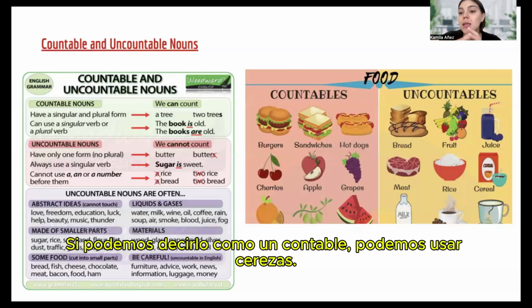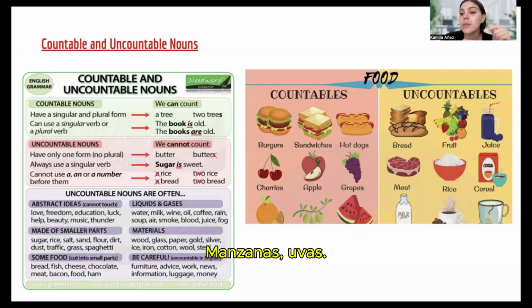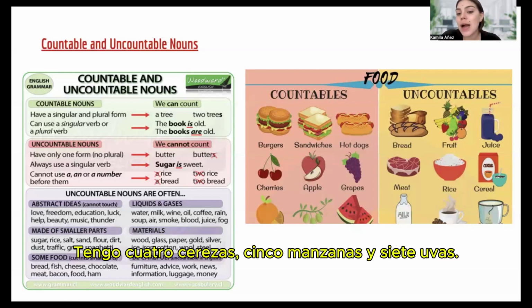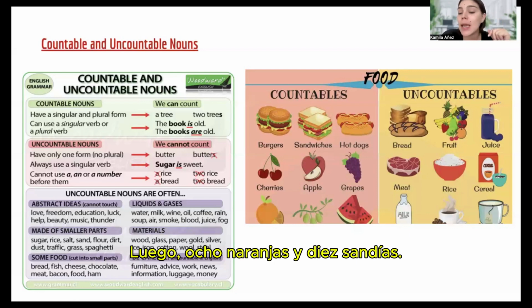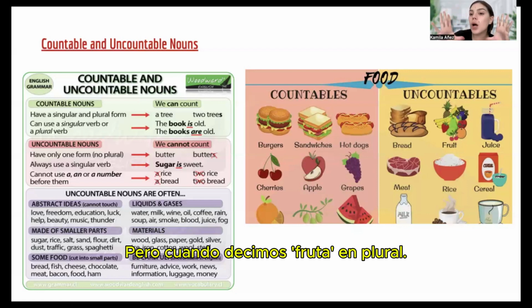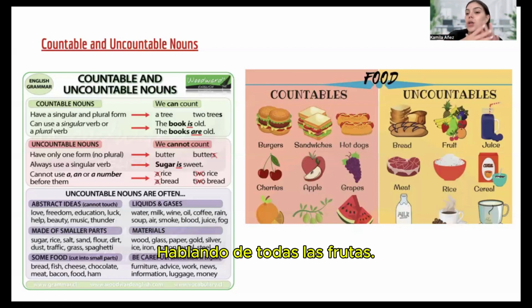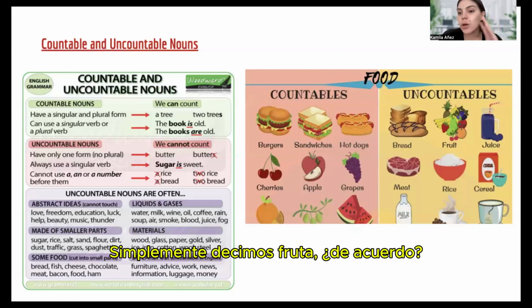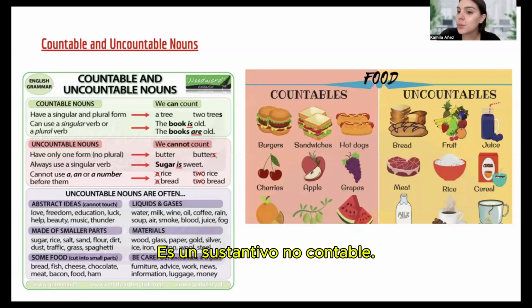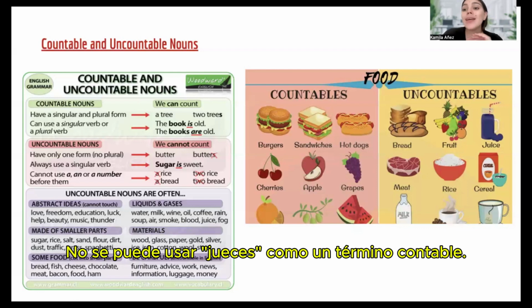If we say it as a countable, we can use cherries, apples, grapes, just one name. I have 4 cherries and 5 apples and 7 grapes and 8 oranges and 10 watermelons. But whenever we say fruit as a plural, talking about all the fruits, we just say fruit, okay? It's uncountable.